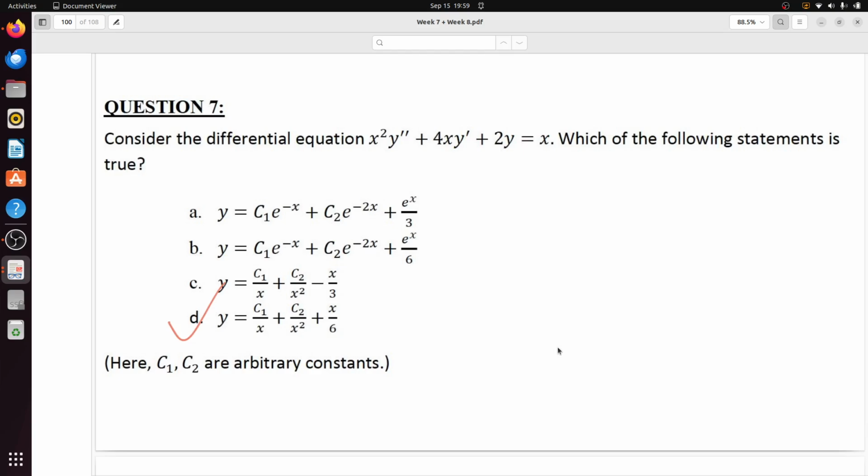So again we have a Cauchy-Euler type differential equation, x square d2y dx2 plus 4x dy dx plus 2y equal to x. Now which of the following statements is true? So we have to solve it.